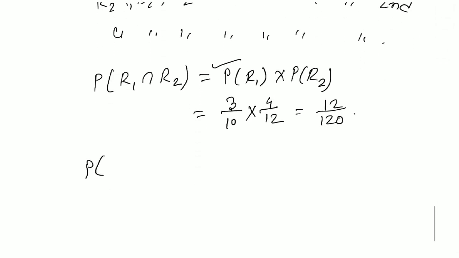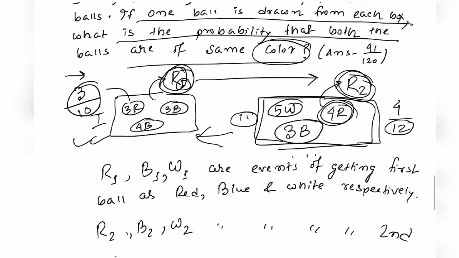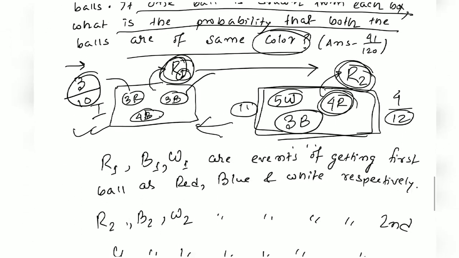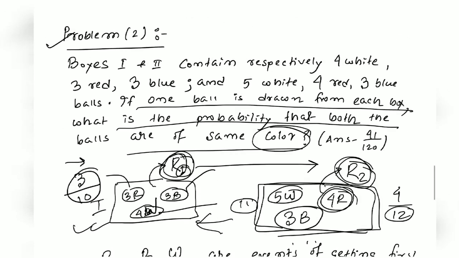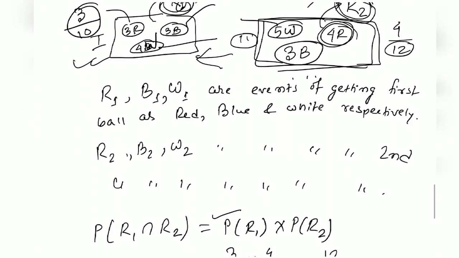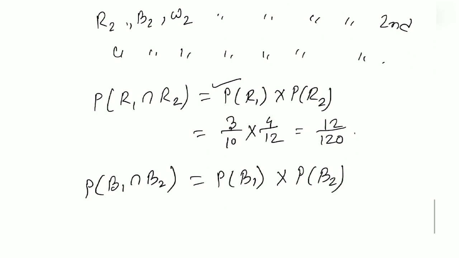Similarly, if you can get the red color ball, you can also get the blue color and the white color. You have 4 white balls in the first box and 5 white balls in the second. Similarly, you can calculate B1 intersection B2, which means P of B1 into P of B2.